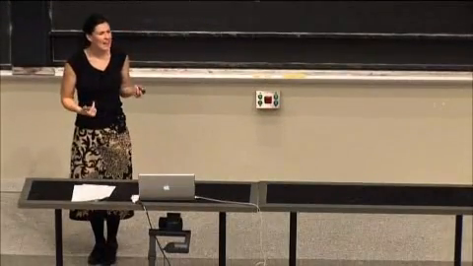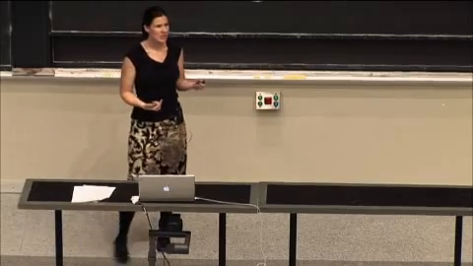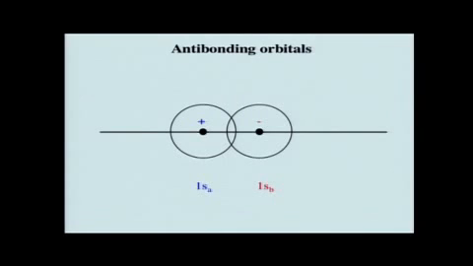Again, we can look at this in terms of thinking about a picture this way, in terms of drawing the wave function out on an axis. So we have 1sa, and we're drawing this as having a positive amplitude, but since we have destructive interference, we're going to draw 1sb as having the opposite sign. So we have a plus and a minus in terms of signs.